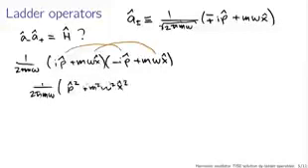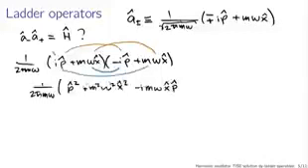The cross terms get a little more interesting, though. We have a term like this, which gives us, let's see, we're going to end up with a minus i from this, minus i m omega, and we have x hat p hat. We're going to end up with something very similar from this term.